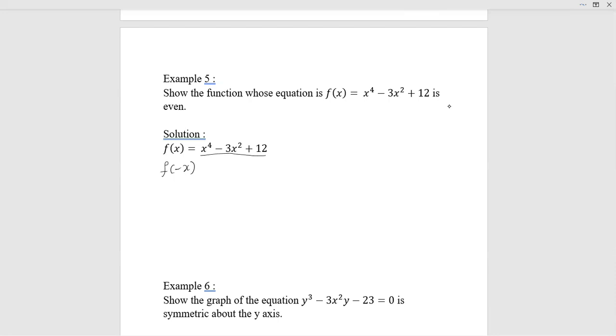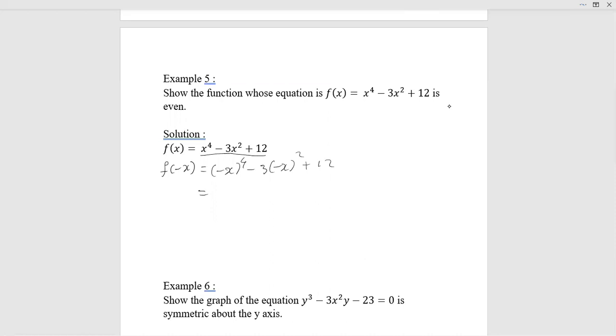If not, we cannot say it is an even function. Substitute x equals negative x: negative x to the 4 minus 3 times negative x squared plus 12.